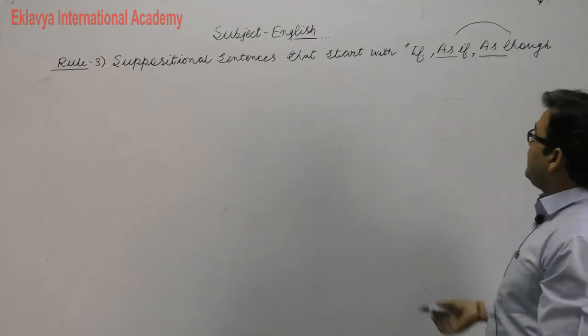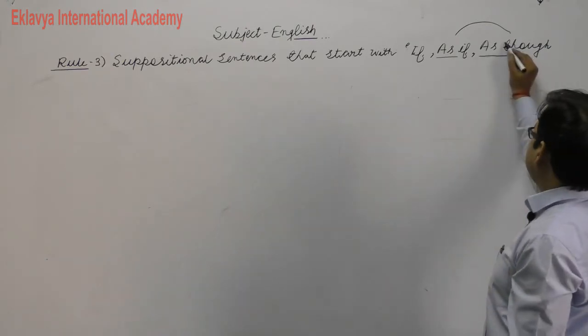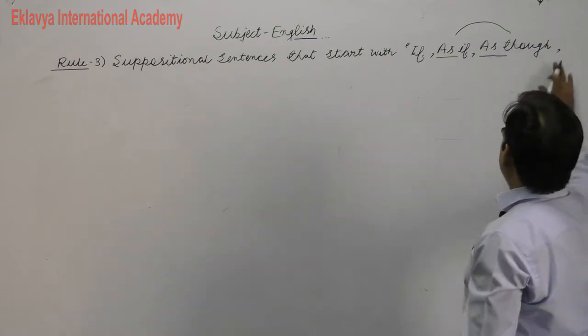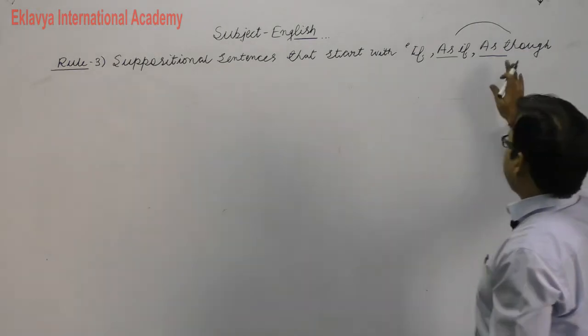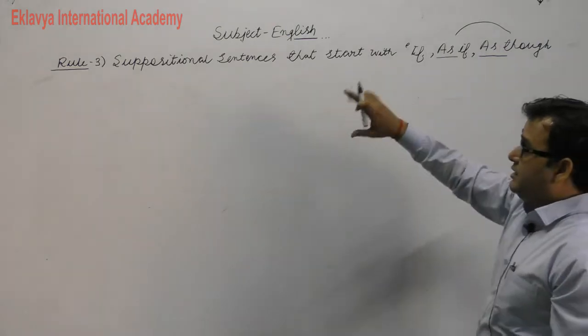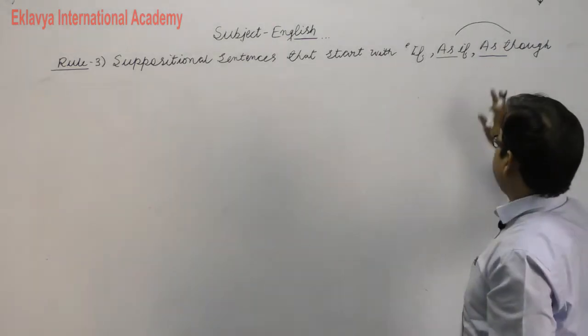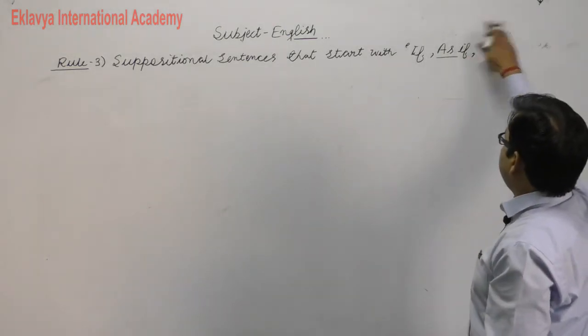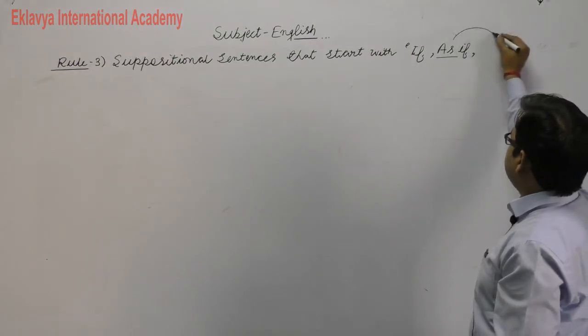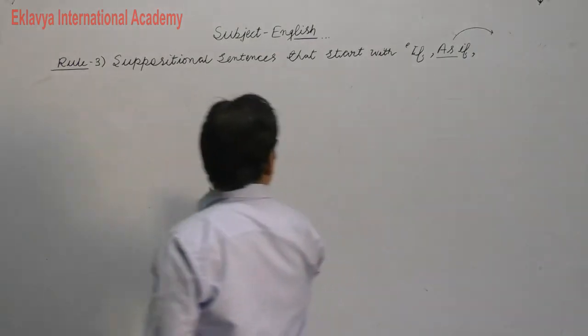As if, मानो कि, as though, जैसा कि मानो कि, as though. Okay, I'm going to type this as though there because of lack of space as per the camera setting. As though, as if.